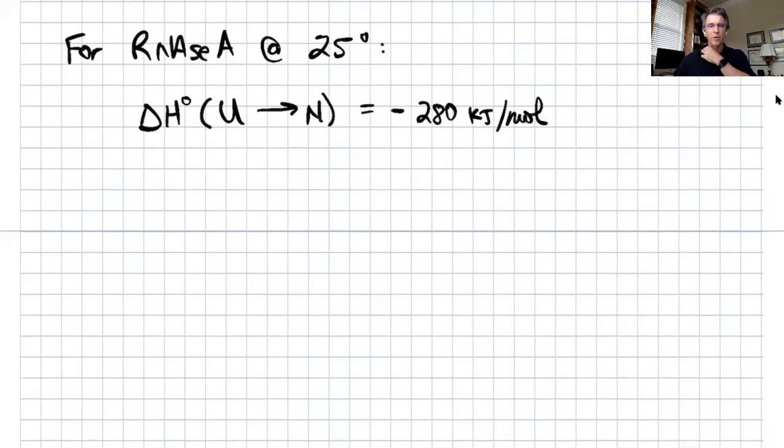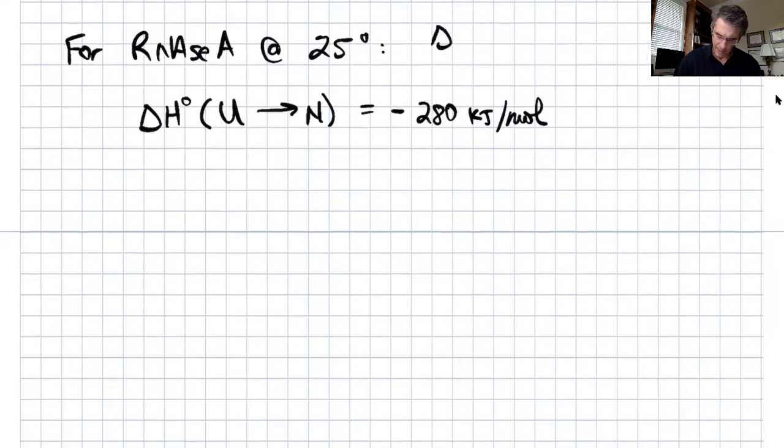So that's cool. That makes some sense. And just to help you keep the Gibbs equation in mind, delta G equals delta H minus T delta S. Okay. So that makes sense. We know the protein's stable. We know that for this reaction, for the protein to be stable, delta G has to be less than 0.